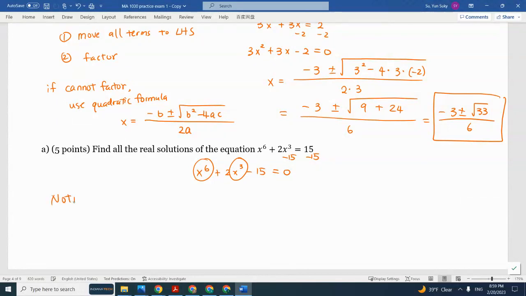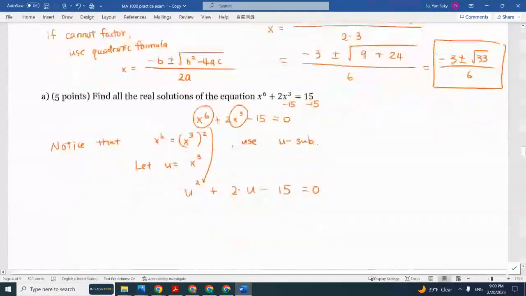Notice that some term is some other term squared. Then use u substitution. Let u be the smaller term. Then x to the 6th is u squared, and 2 times x cubed is 2u. So u squared plus 2u minus 15 equals 0.